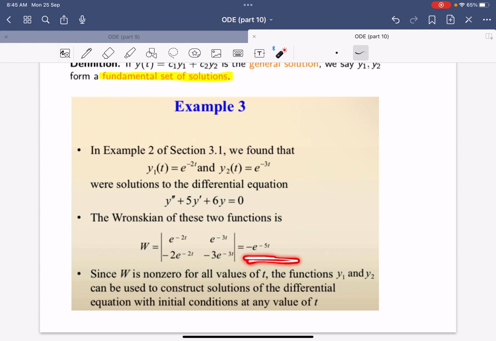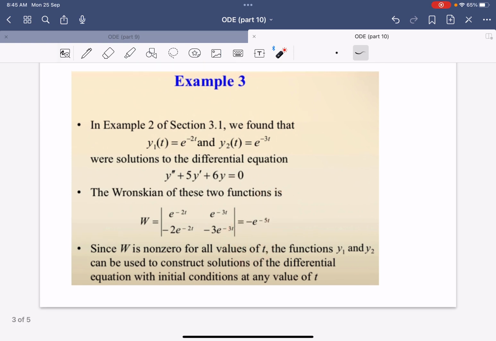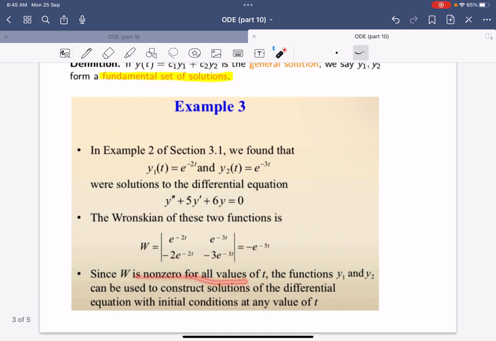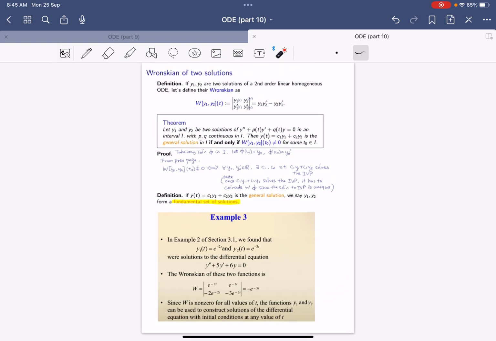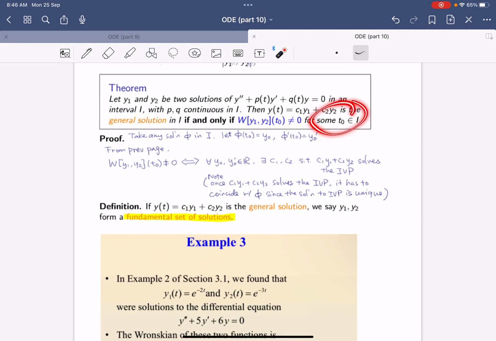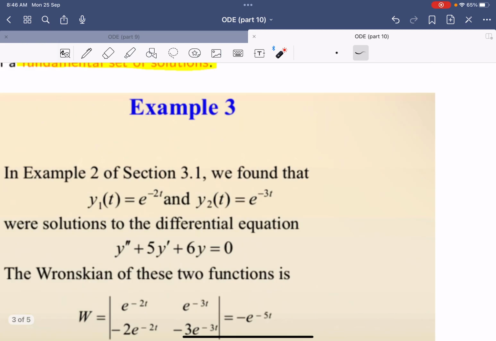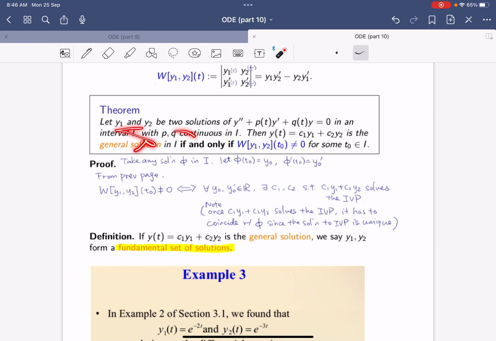And this actually gives us the minus e to the power minus 5t. Since no initial value is given, it has to work for all values of t, and because the W is non-zero for any value of t, as long as you are able to find one t that works, this will be the general solution.